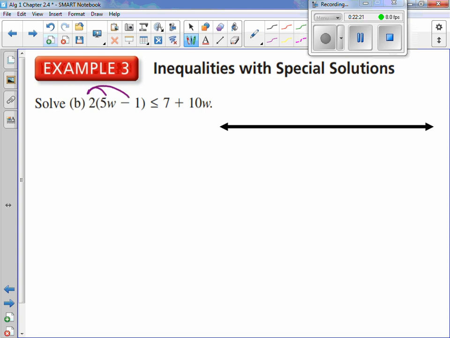We're going to do 2 times 5w. And what is 2 times 5w? 2 times 5 is 10, and then 2 times negative 1 would be negative 2, yes? So minus 2.